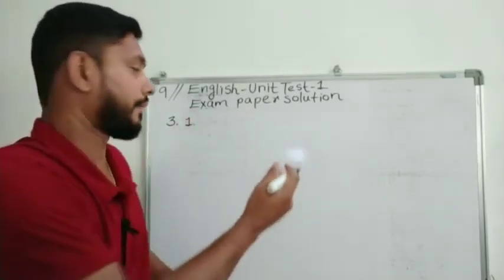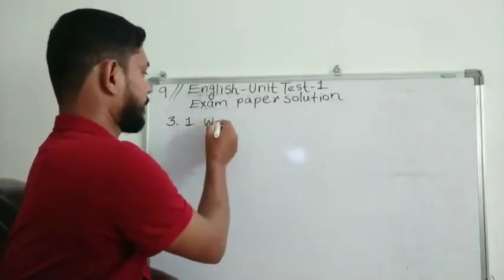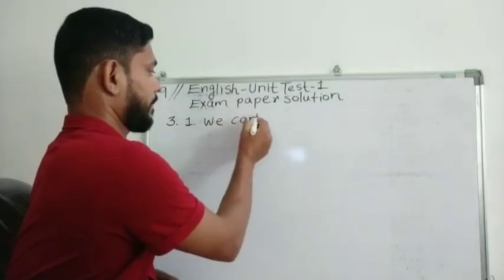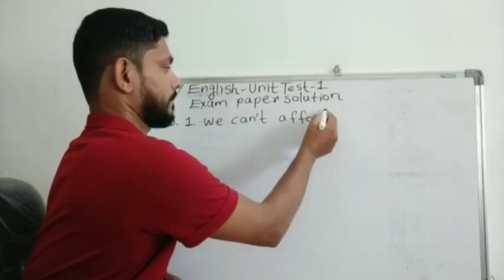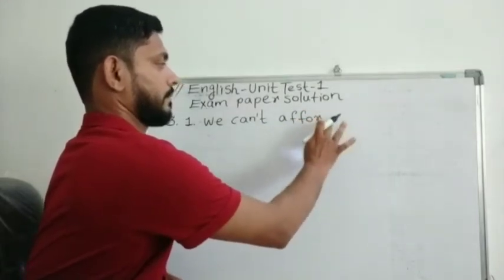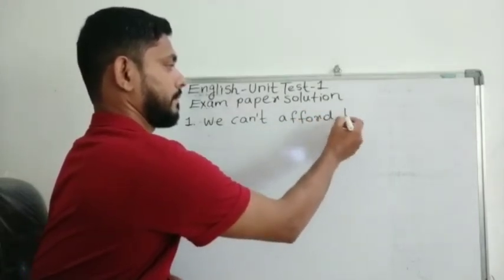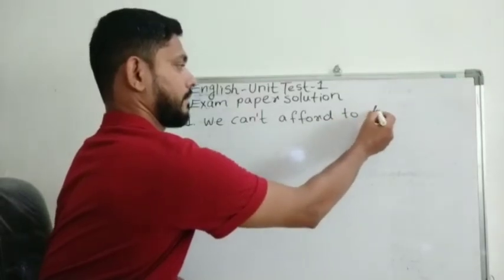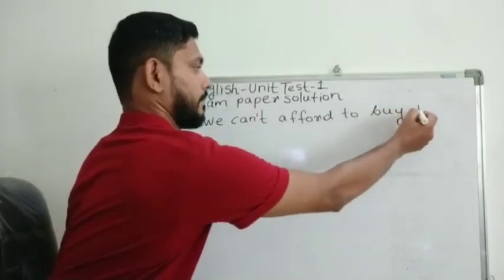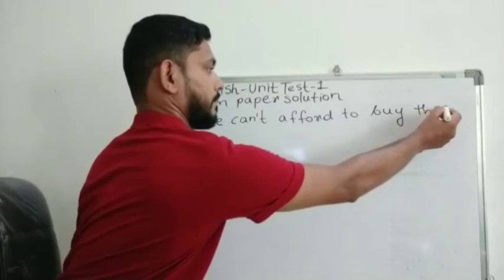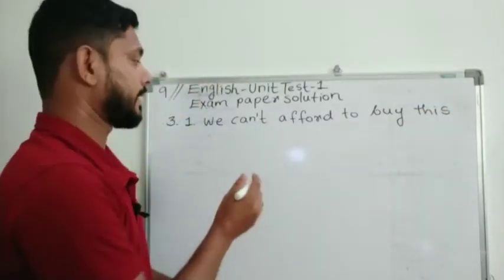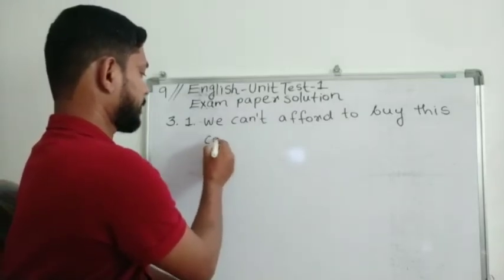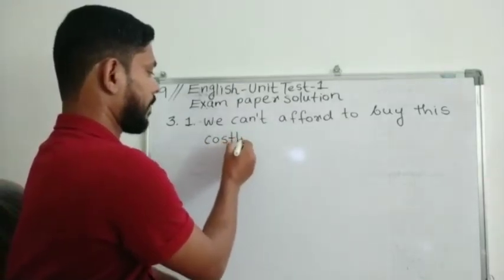Let's see one different sentence now. We can't afford to buy this costly car.